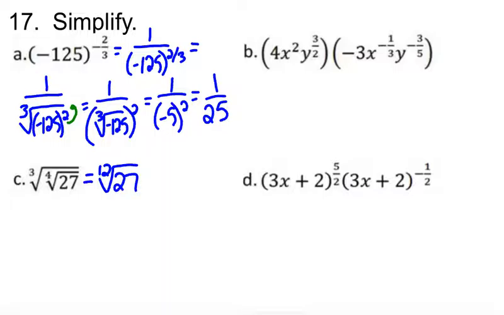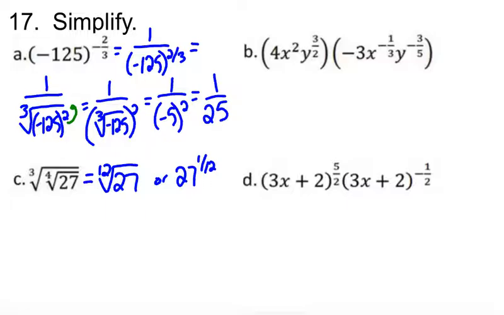And then, well, there's just not a whole lot we can do with that. So I think we're actually done here. If you do a factor tree on that, there's definitely no groups of 12 or anything that you can pull out of that. So we'll just leave it as the 12th root of 27, or if you want to write it as 27 to the 1/12, if that makes you happy, it's the same thing.